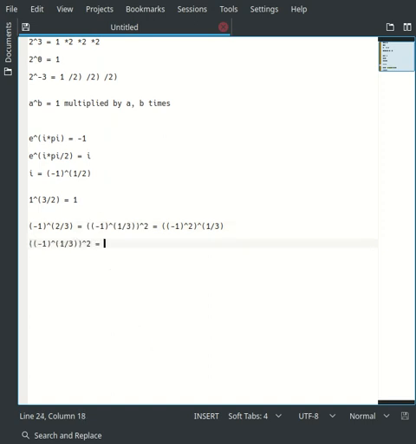So the cube root of -1 has to be -1. Right, so what we're going to do, -1 times -1 times -1 with a 1 out there.